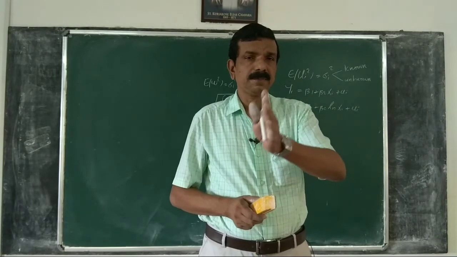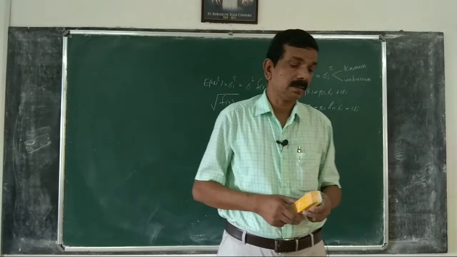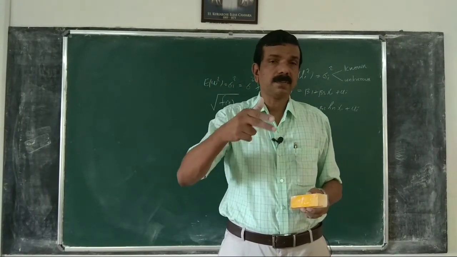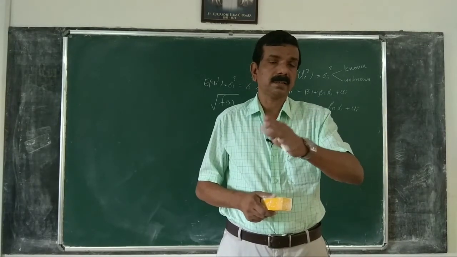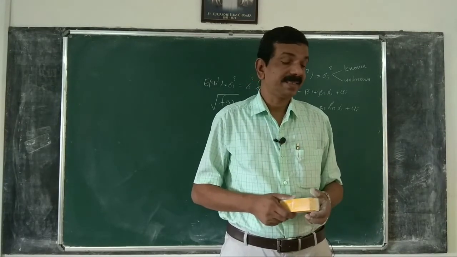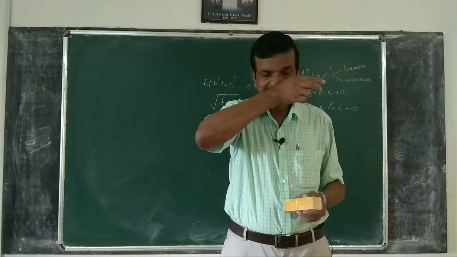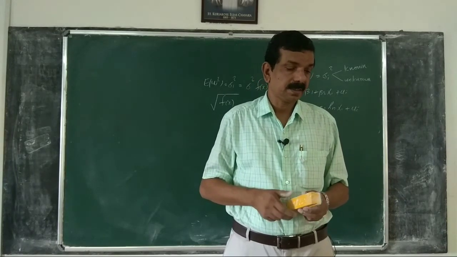If you re-specify a model in log form, it reduces heteroskedasticity considerably. The reason is that log transformation compresses the scales in which x and y are measured. It compresses the scales in which the dependent and independent variables are measured.